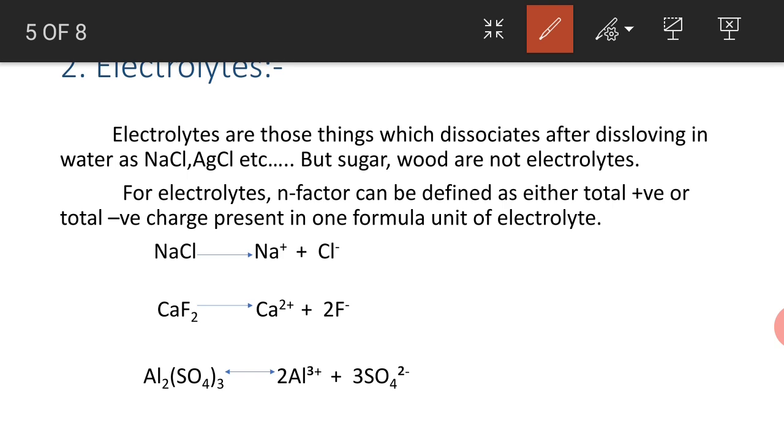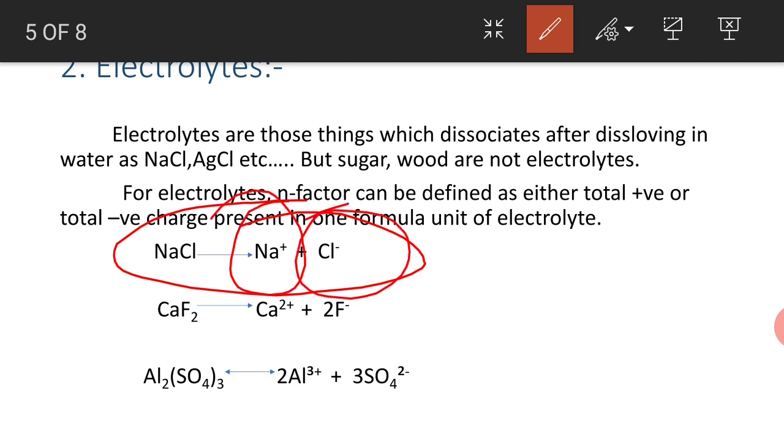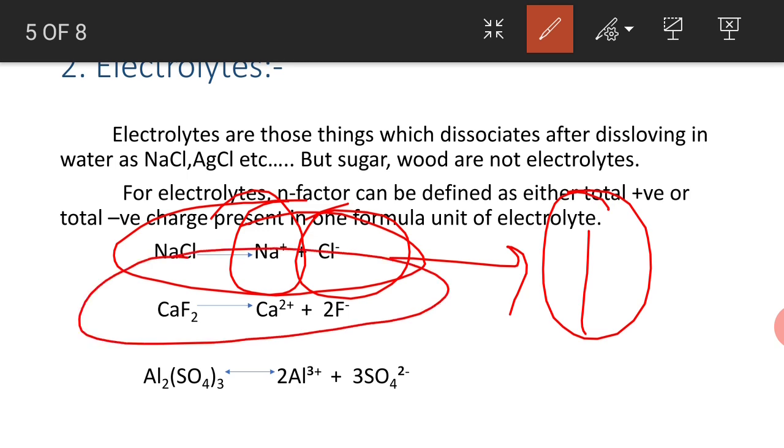For electrolytes, the N factor can be defined as either the total positive or total negative charge present in one formula unit of the electrolyte. For example, NaCl, when dissociated in water, gives Na positive and Cl negative, and the total positive or negative charge is 1. That's why the N factor of NaCl is 1. Same for CaF2: when dissolved in water, we get Ca2 positive and 2F negative, and the overall positive or negative charge is 2.